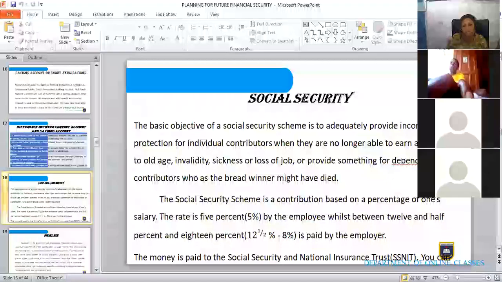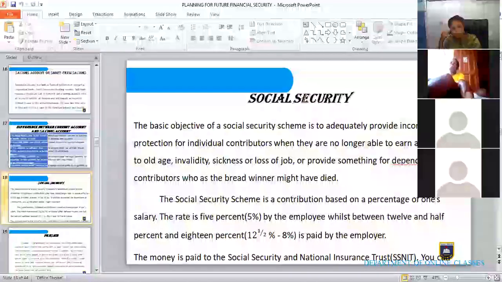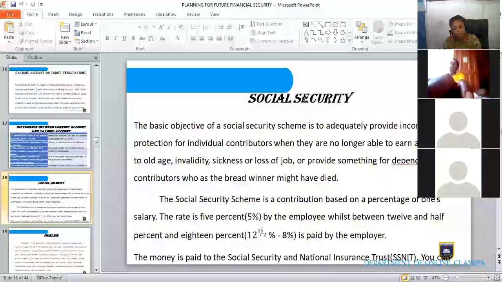Now, the social security scheme is a contribution based on a percentage of your salary, and the rate is 5% by the employee. So the employee, the person working, pays 5% of your gross income. Then the employer will also add between 12.5% to 18%.